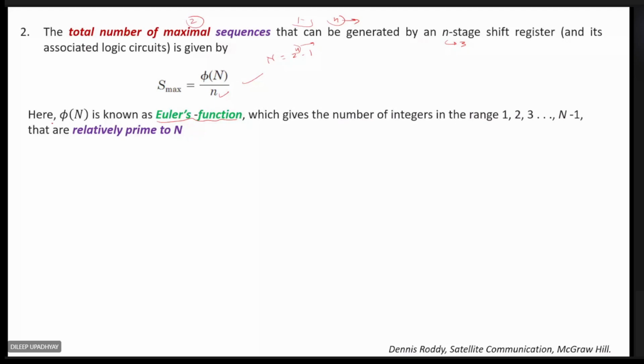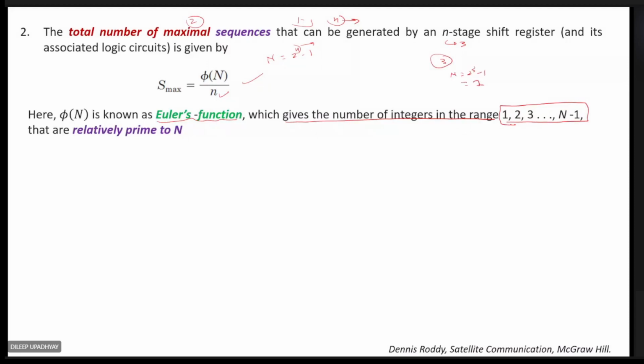Phi N is known as the Euler function, which gives the number of integers in the range 0, 1, 2, 3 up to N minus 1, that are relatively prime to N. Suppose we have 3 flip-flops, then N will be 2 to the power 3 minus 1, which is 7.